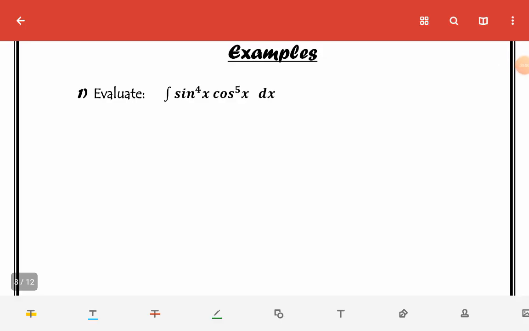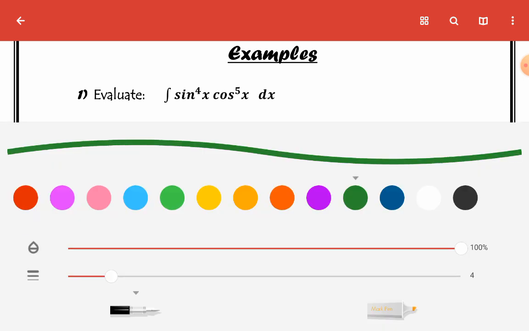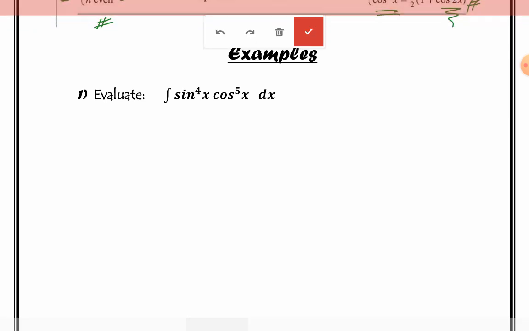Let's take the first example in the second part of our lesson, integrating trigonometric functions: find or evaluate the integral of sine to the power of 4 x cosine to the power of 5 x dx.